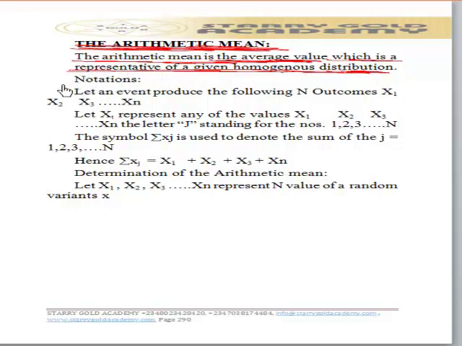during any given statistical process. We have certain notations that are used to describe the arithmetic mean. Let an event produce the following n outcomes: x1, x2, x3, x4, x5, up to xn.